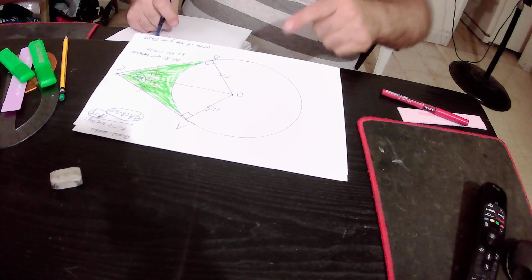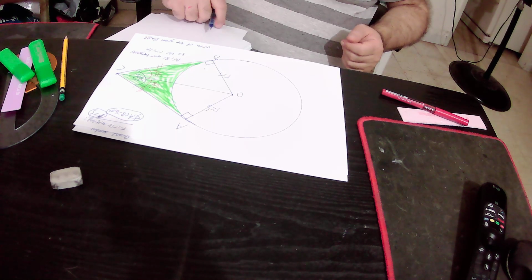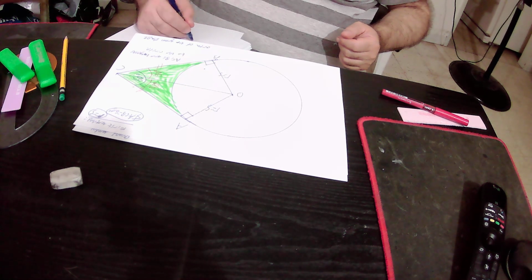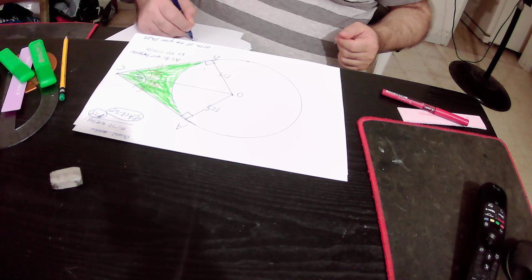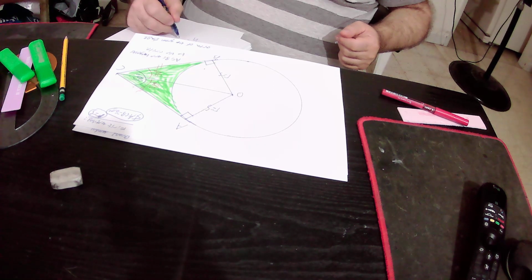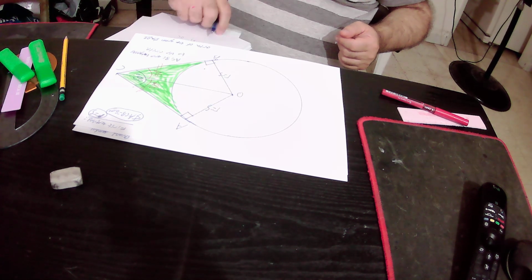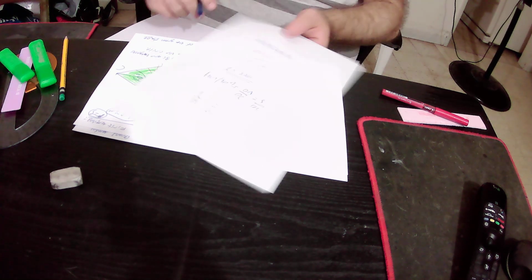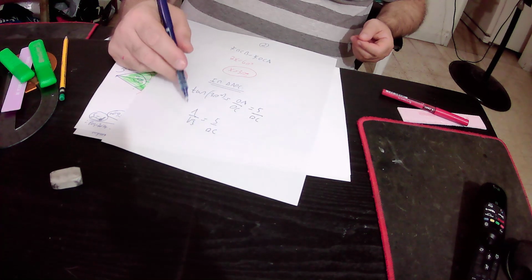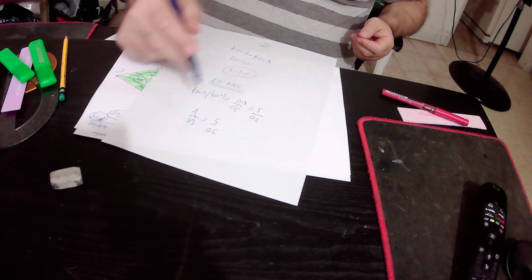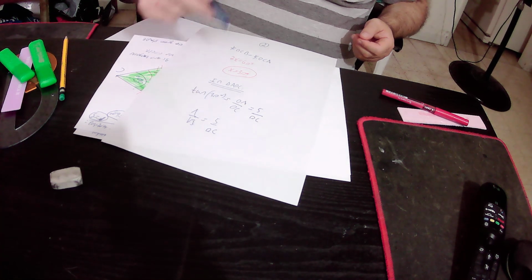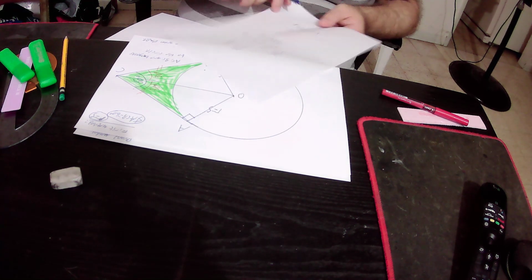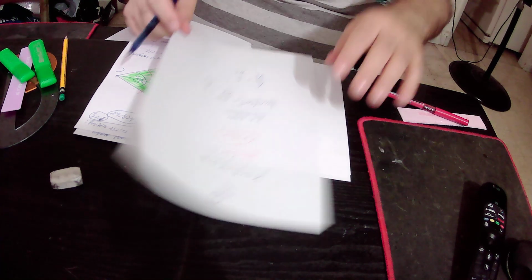And tangent 30 degrees equals 1 over root 3.